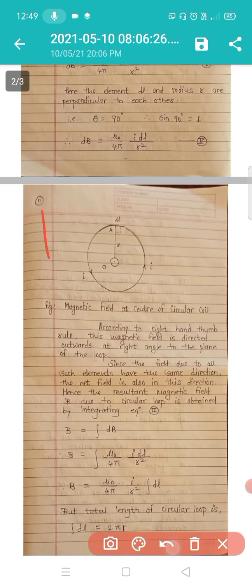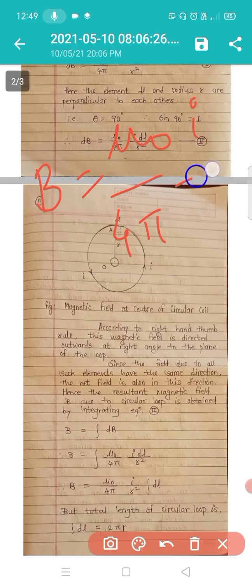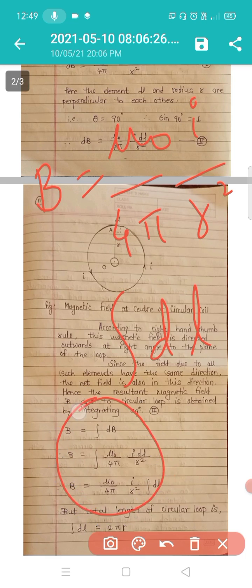We get B is equal to mu naught upon 4 pi, I upon r square, into the integration of dl. The total length of the circular loop is 2 pi r, that is, the integration of dl is equal to 2 pi r. Then put this value in the equation.